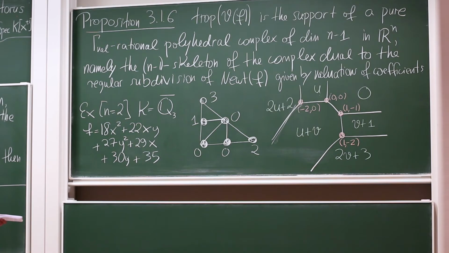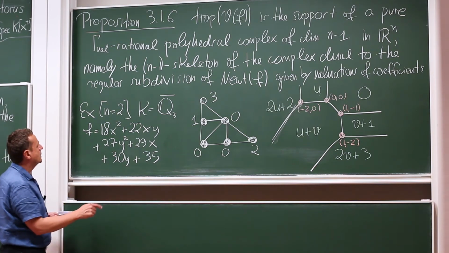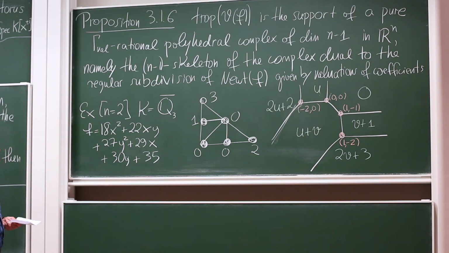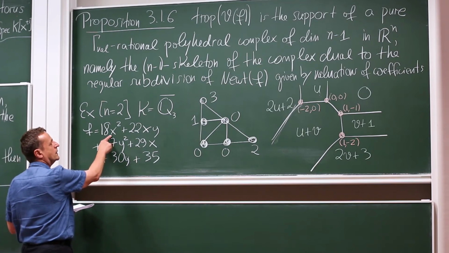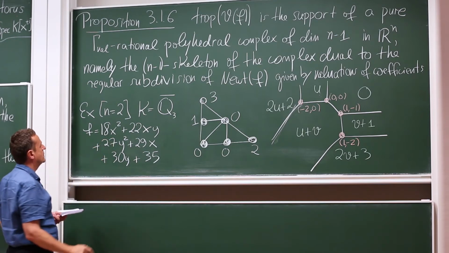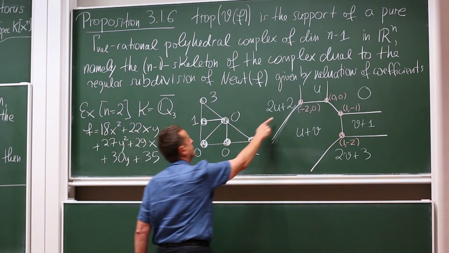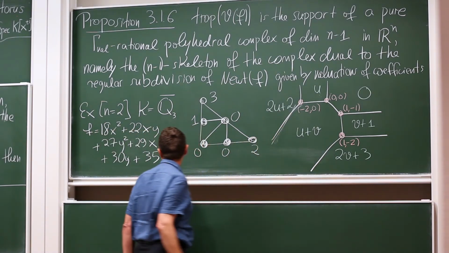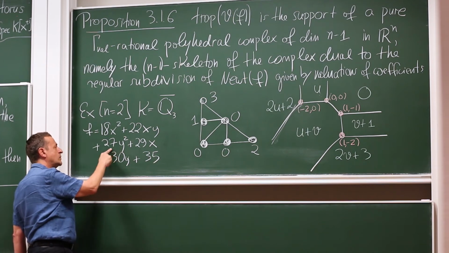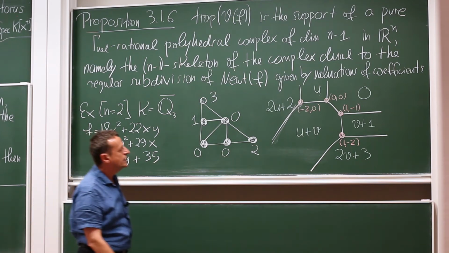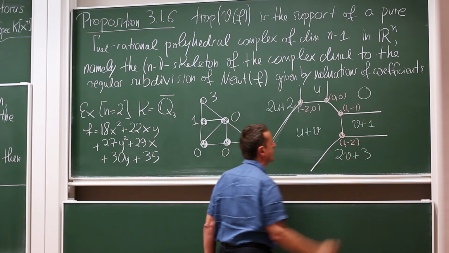So for example, x squared is here. So I guess this corresponds to 18x squared, and then 27y squared. So that's 3 plus v times 2, and so on, right?